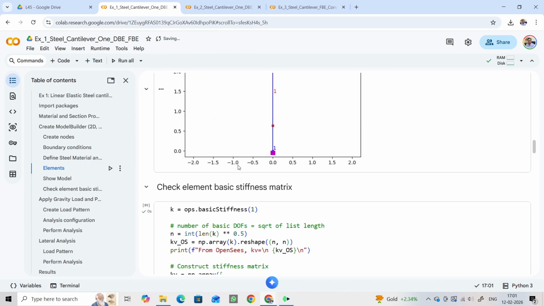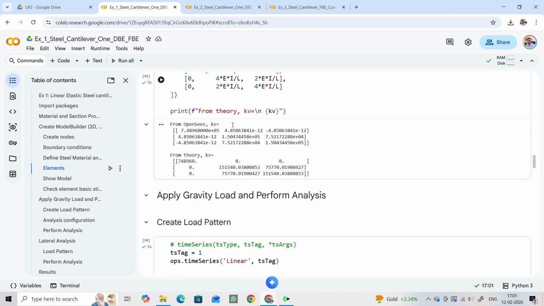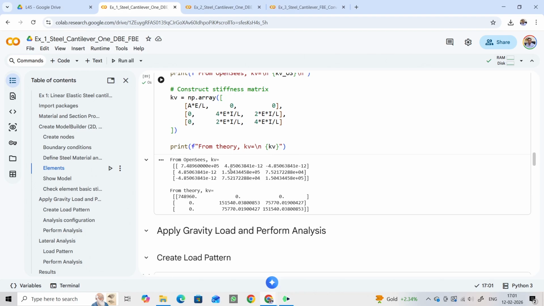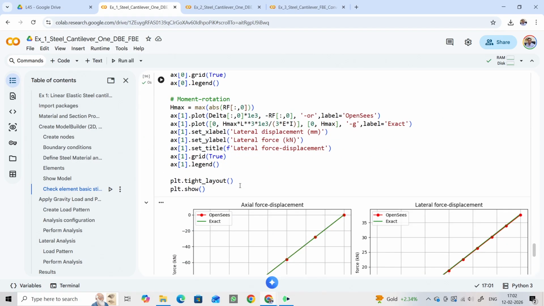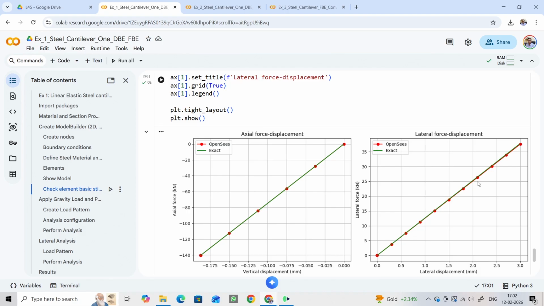I'll quickly show you the effect. You can see this is 1.504 and this is 1.515. There is a slight difference in calculation of the moment of inertia. And is there any effect on the global response? Well, you can see now some departure, right?